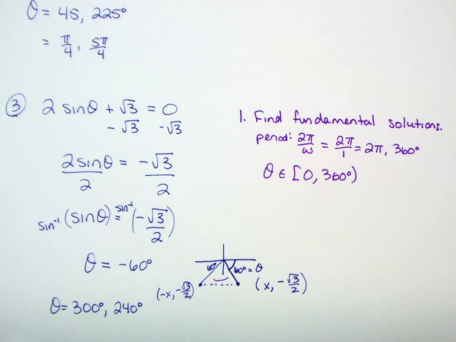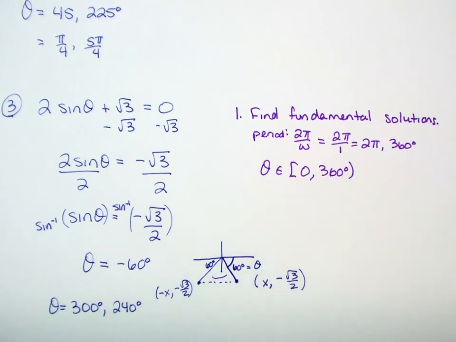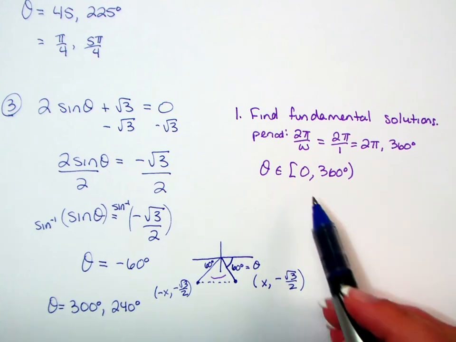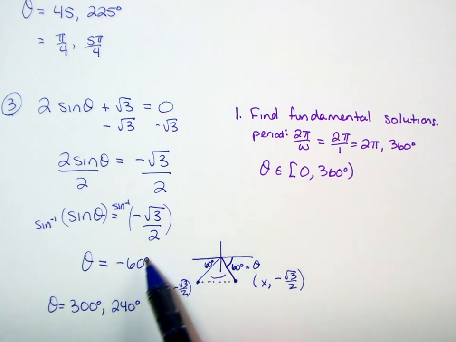So our fundamental solutions, not only do they occur every 360 degrees, but our fundamental solutions should start at 0 to 360. Okay, so the calculator actually doesn't even give us our first fundamental solution. We had to convert it, right?